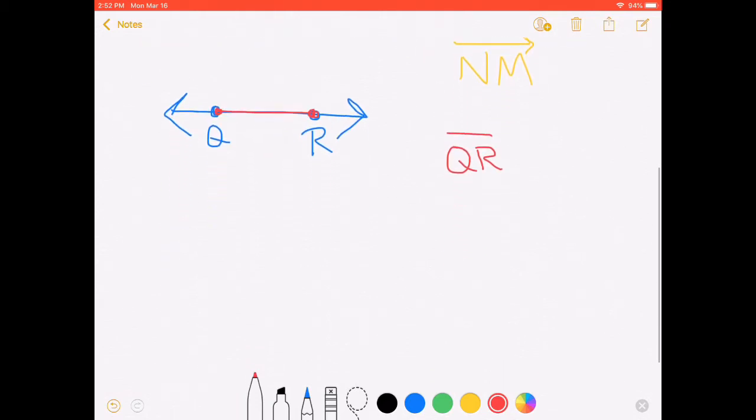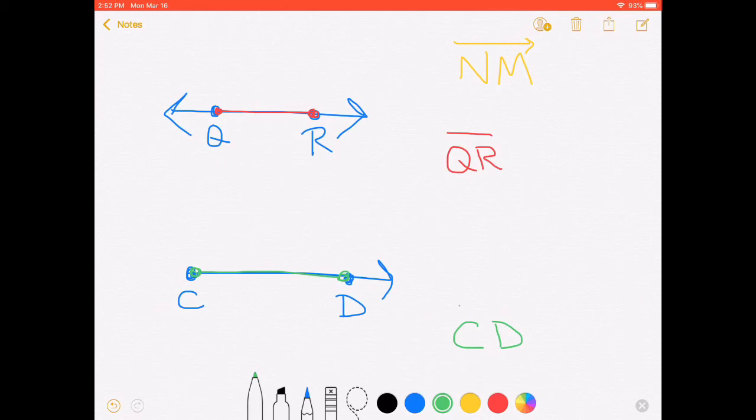We can pick a segment out of a ray as well. So if we have ray CD, here's ray CD, we can talk about a segment CD within this ray. So again, segment CD would start at C and end at D. And the order of the letters for a segment does not matter.